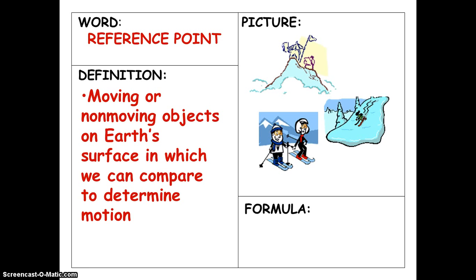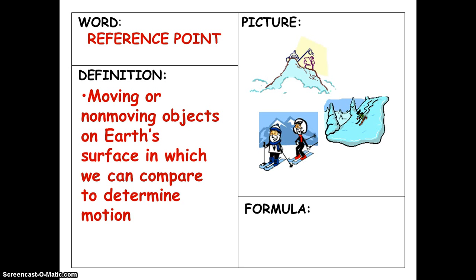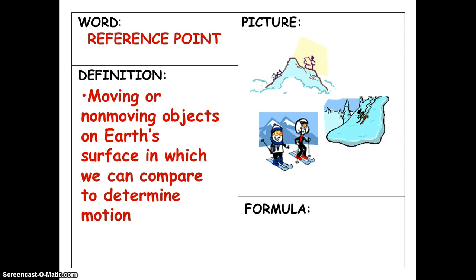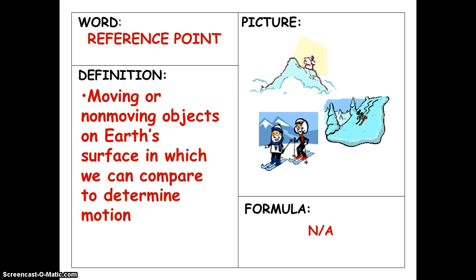If you notice the trees in the picture on the right and the mountains in the picture on the left, those are standing still, and that's what allows you to see that the skiers are actually in motion. Now, this one doesn't have a formula either, so just write NA or doesn't have one.